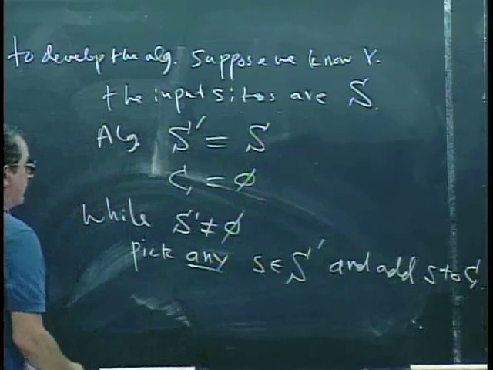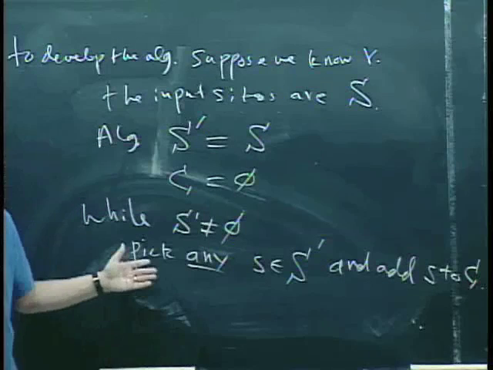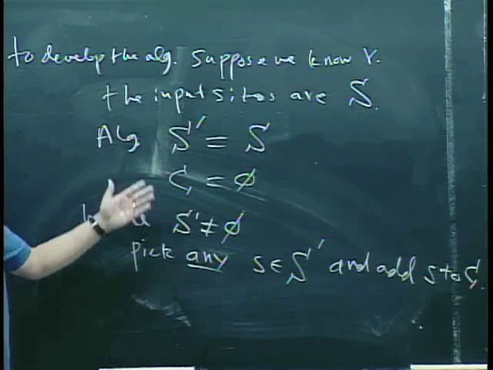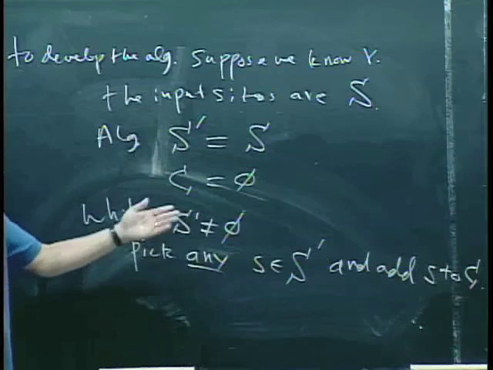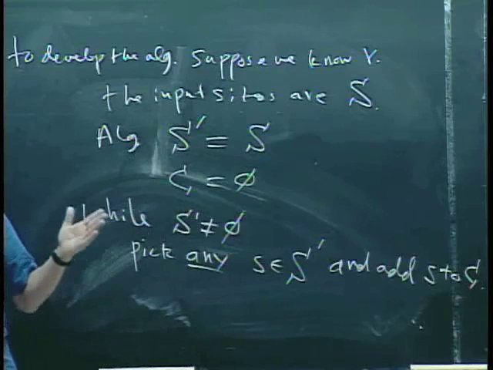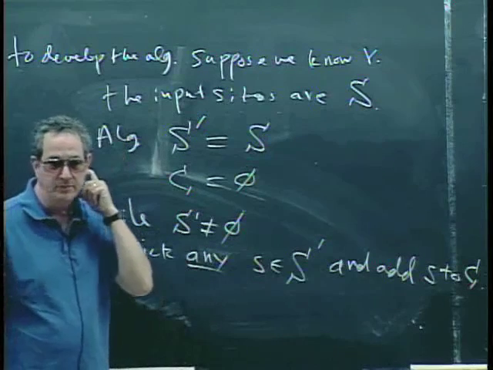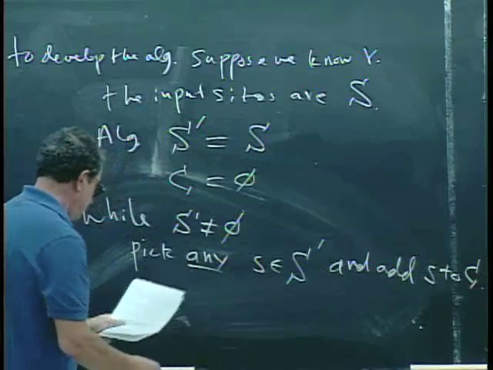Well, that seems kind of indiscriminate. I mean, it doesn't seem like it's a terribly smart algorithm. All it's saying is just pick a point. Pick one of the sites and make that a center. All right?